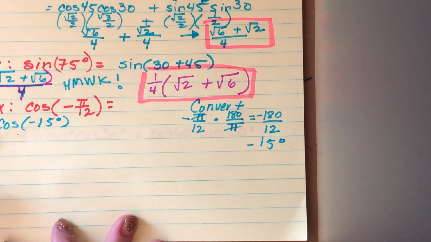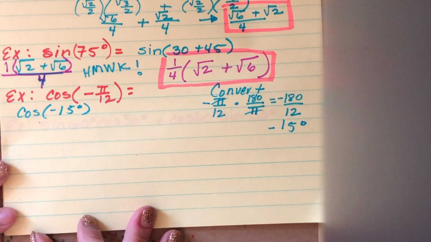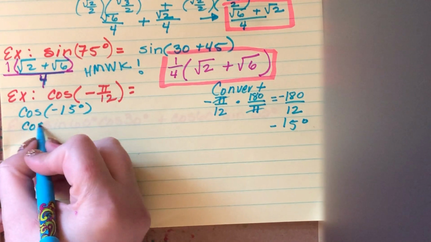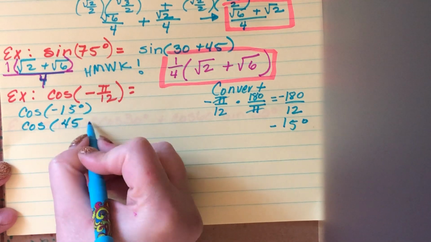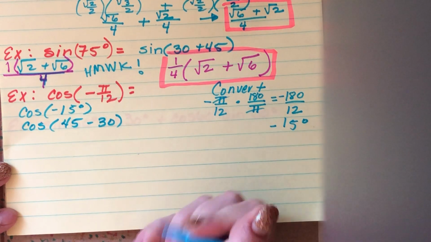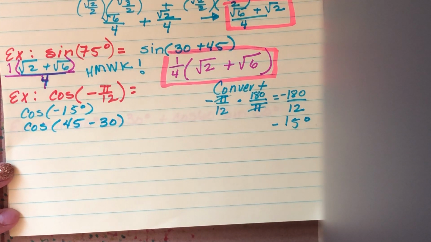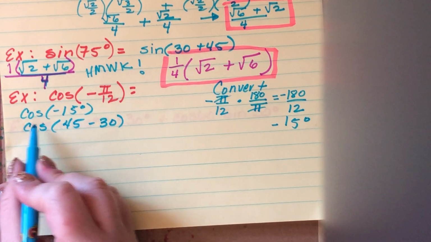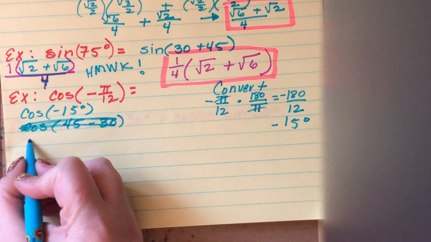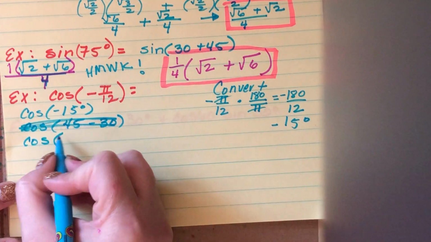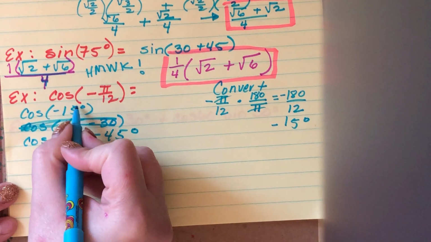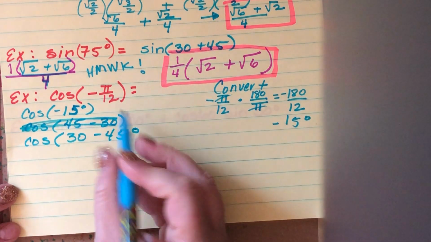So this is like saying cosine of negative 15 degrees. So we have to find two things that either add or subtract to 15 degrees. I know that 45 minus 30 is 15 degrees. So, nope, backwards. Cosine 30 minus 45 degrees, because we have to subtract to get a negative 15.